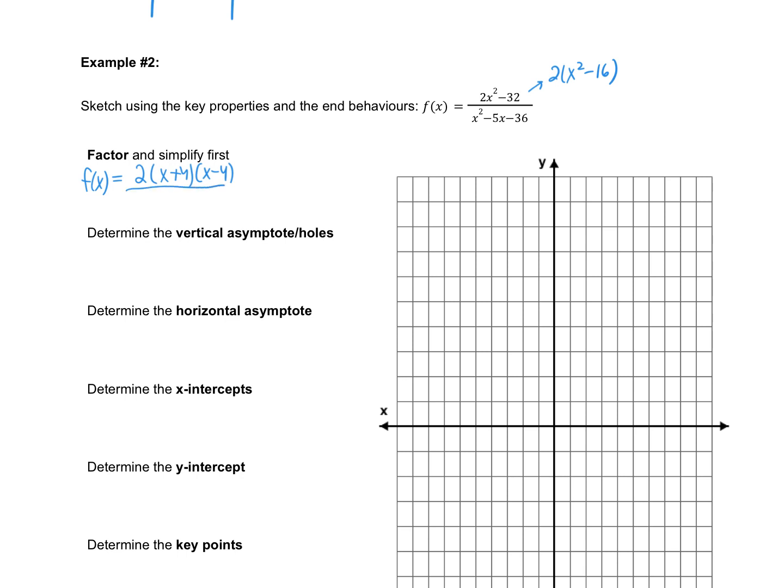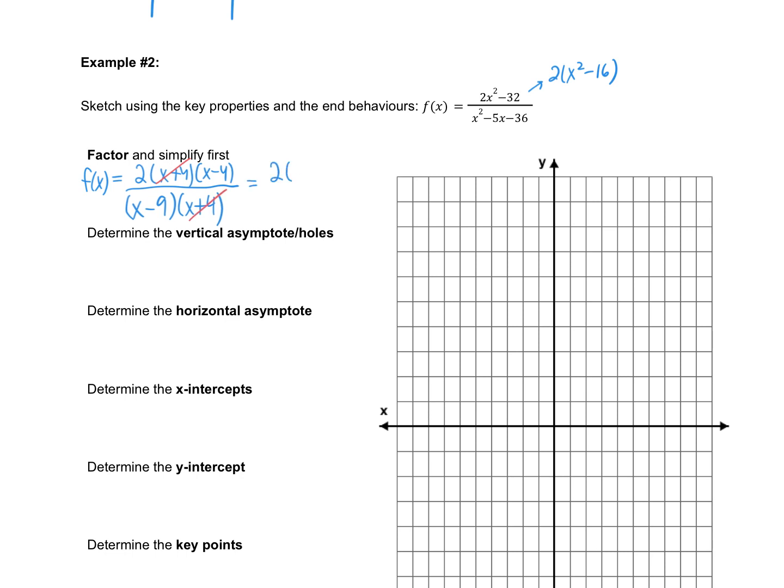minus 4, all over, and then a simple trinomial here. So crisscross, whatever method you'd like to use. Gonna do x minus 9 and x plus 4. And what do we notice? The x plus 4s will cancel out.